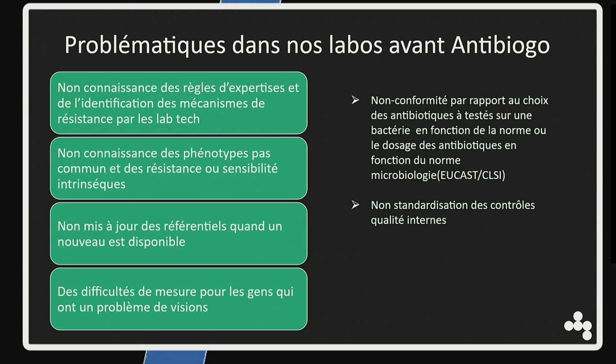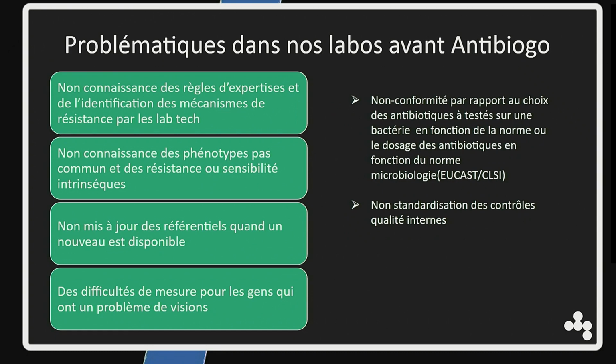The repositories and sets of reference are updated every year, but the labs do not download the update. Also, we noted it was difficult in most cases to measure the exact diameter of ASTs, particularly for people with eyesight disorders.